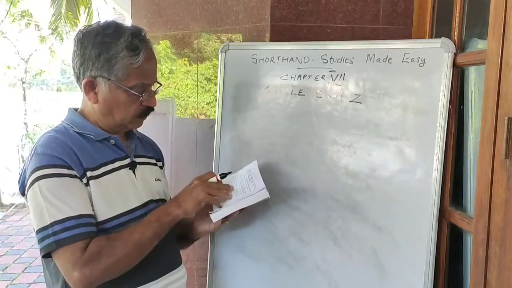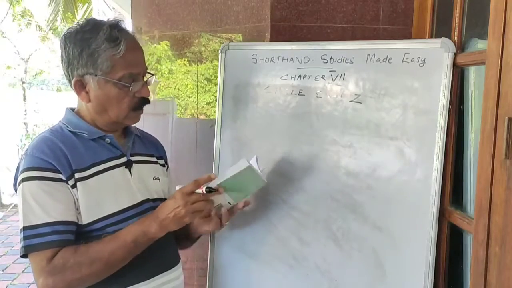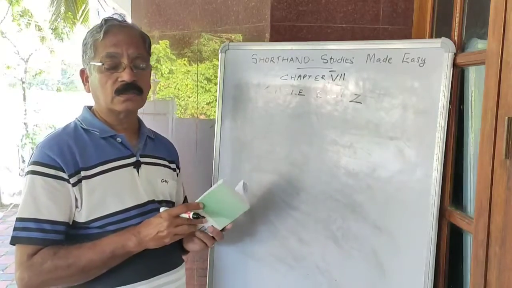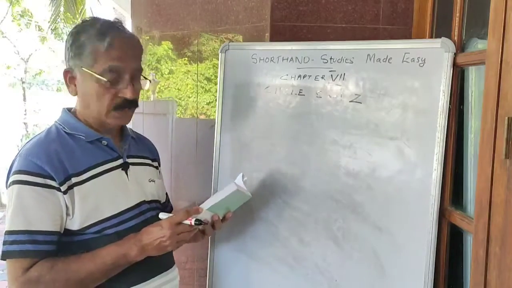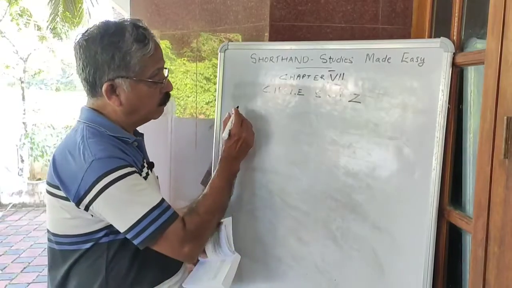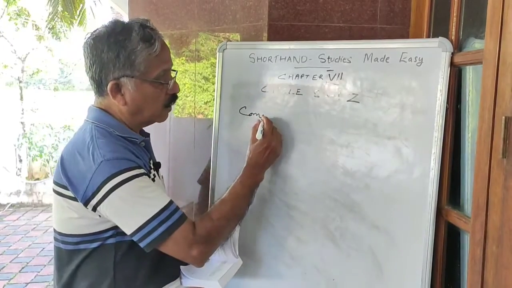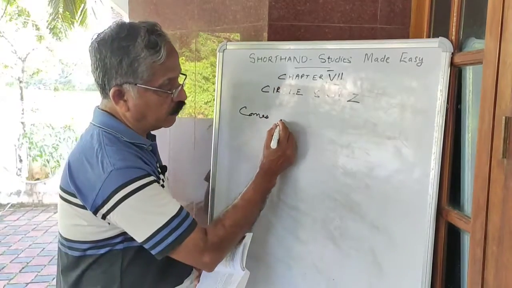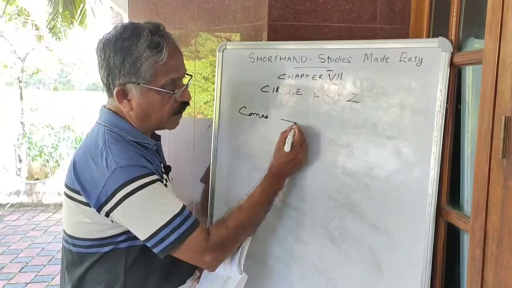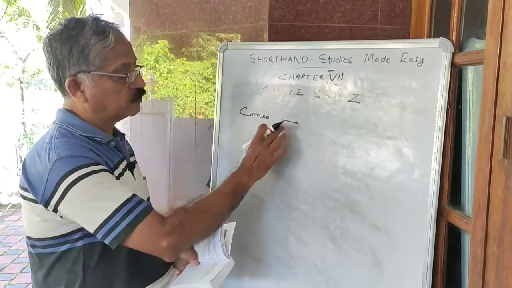Further in chapter 7, we make plural forms of words like this. Come. How will we write comes? Come is a gram block word. Come we write like this on the line. If we add the left motion circle, it becomes comes.